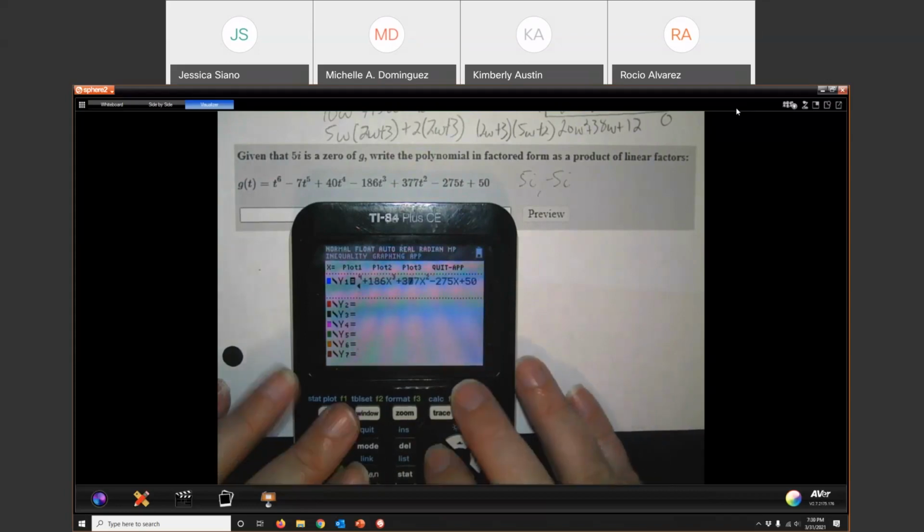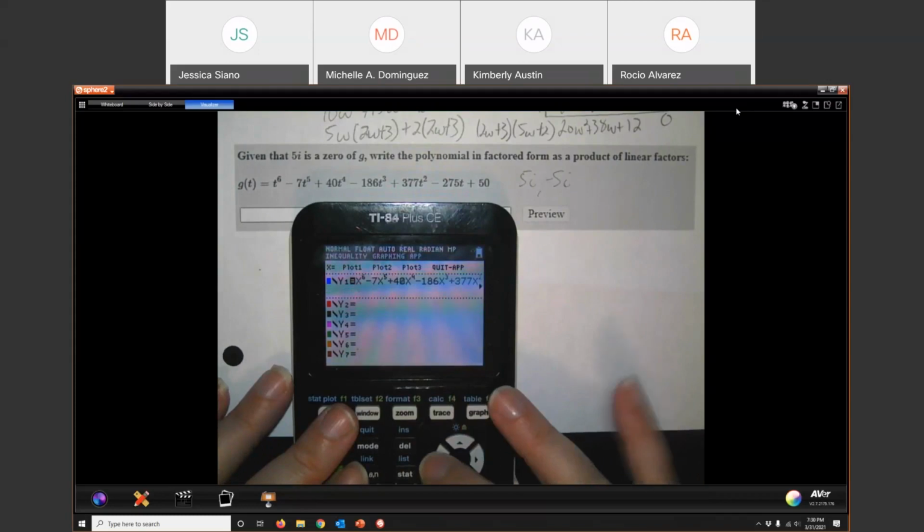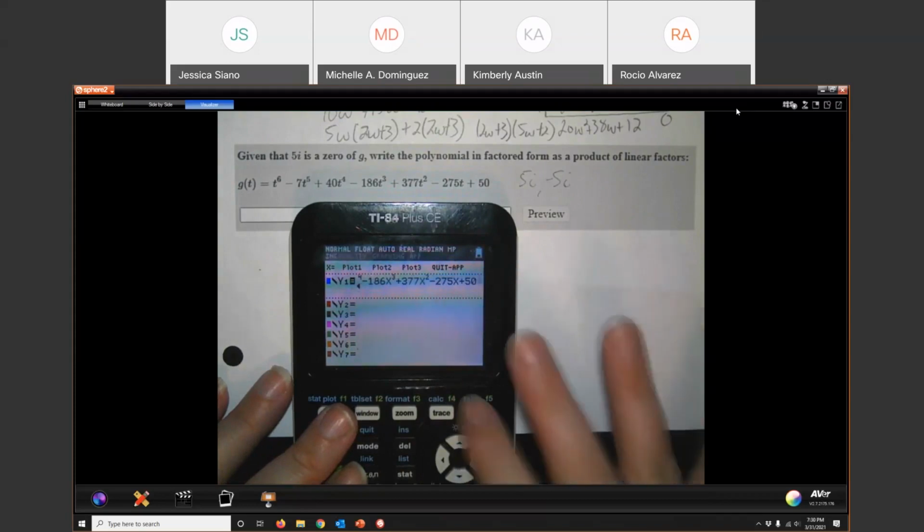I already know I messed up that sign right there. x to the 6th minus 7x to the 5th plus 40x to the 4th, 186x to the 3rd, 377x squared plus 50. Okay.